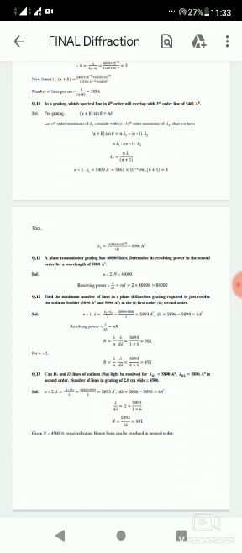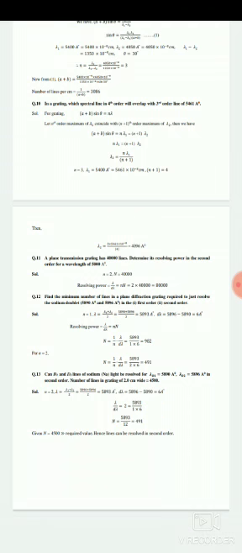So from this we have calculated lambda upon d lambda upon n, which is equal to 5893 upon (2 into 6), and from here we have calculated N is equal to 5893 upon 12, which is equal to 491. So we see here the given N is equal to 4500, which is greater than the required value, hence the lines can be resolved in the second order.